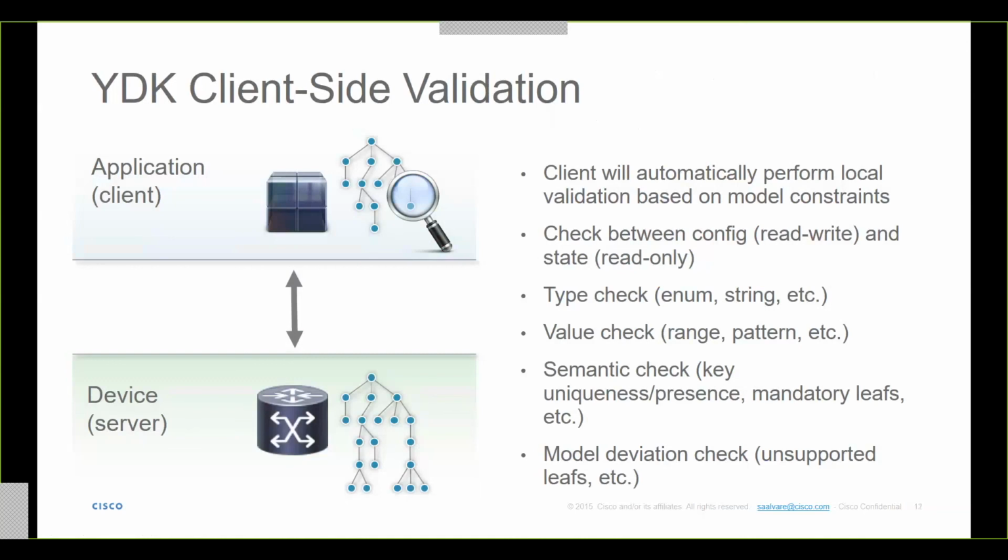So if you write a client application to automate something on the device using YDK, we will check, for instance, that your client application doesn't try to write information on the device that is read-only. It doesn't make sense. What would be an example of that? For instance, you trying to write counters or statistics to the box. You cannot tell the box how many packets have gone through an interface. You can only read that.